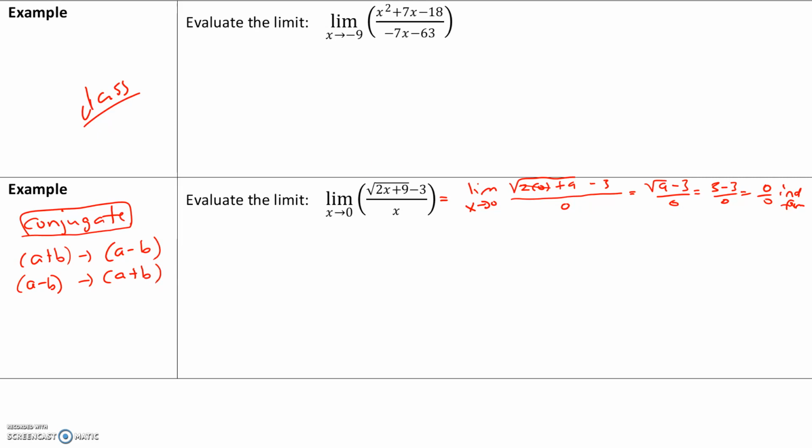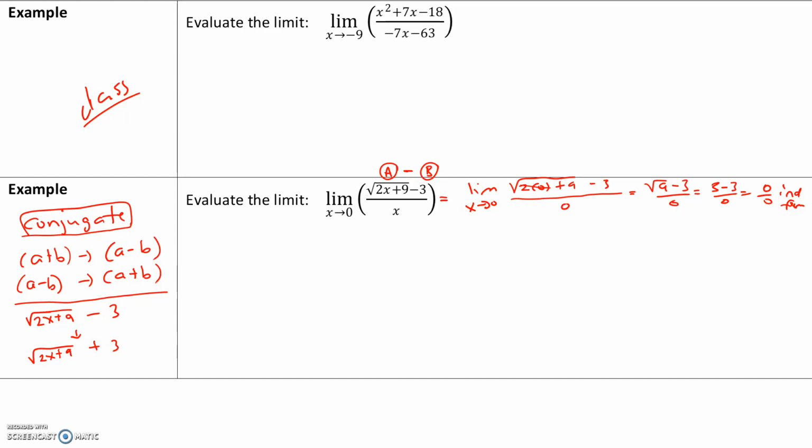So in this case, your a value is radical 2x plus 9, and your b value is 3, and it's a minus b. So if your original expression is radical 2x plus 9 minus 3, then its conjugate is going to be radical 2x plus 9 plus 3.